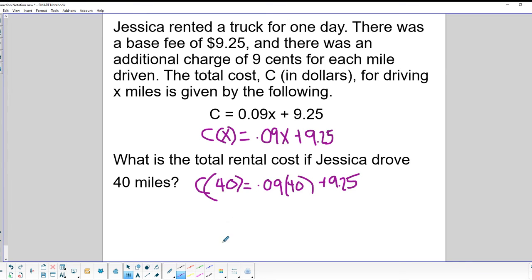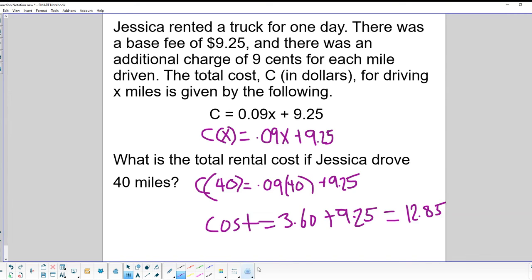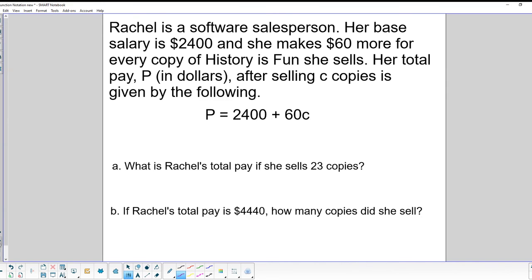All right, and when we do that, we end up with the cost for 40 miles is going to equal $3.60 plus $9.25. So 3 and 9 add up to be 12. So this is going to equal $12.85. So that's one way to use a function in a word problem.